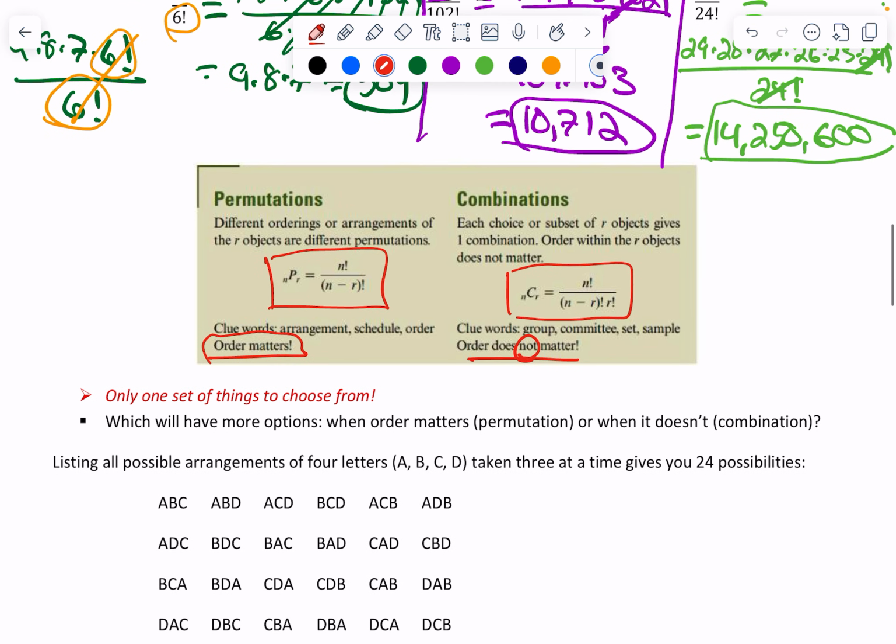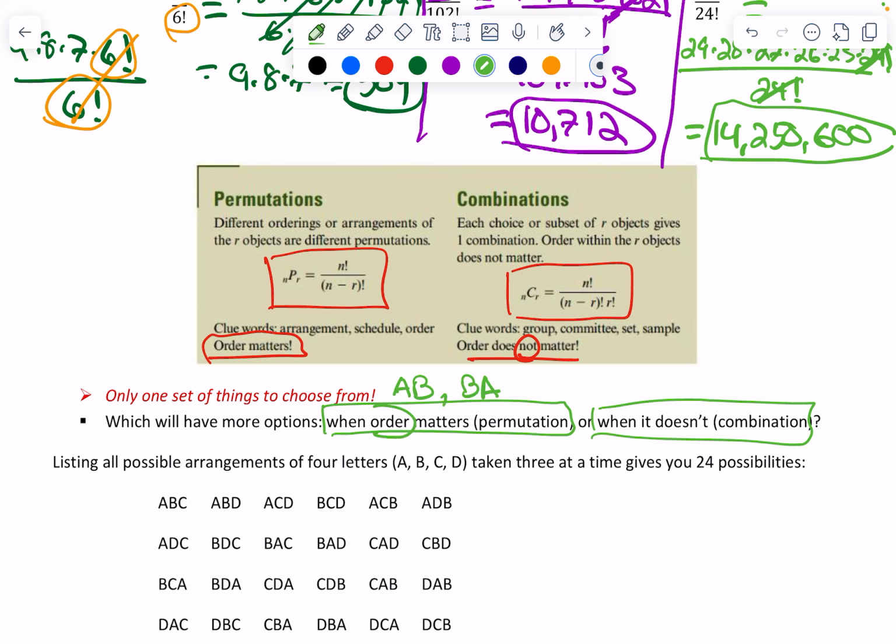What we're looking at when we're doing permutations and combinations is only one set of things to choose from. So which one will have more options: when order matters, the permutation, or when it does not matter, the combination? Think about it: we have A first and B second, or B first and A second.